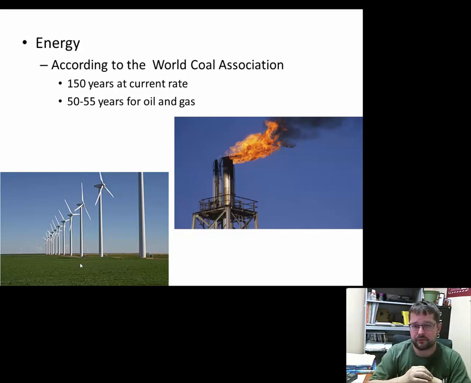As we switch from carbon-based fuels, so coal, natural gas, and oil, to more renewable-based fuels, whether that be wind or solar or water or other potential options, there are going to be some growing pains, that's true. But really, our hand will be forced eventually to make that switch.